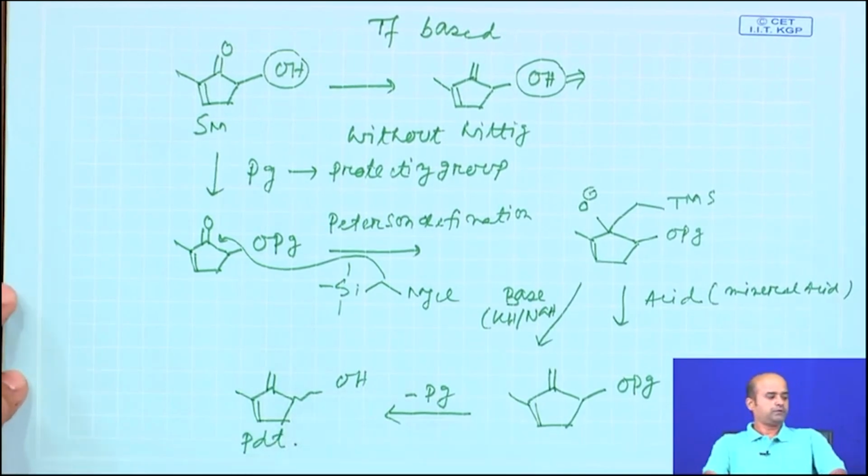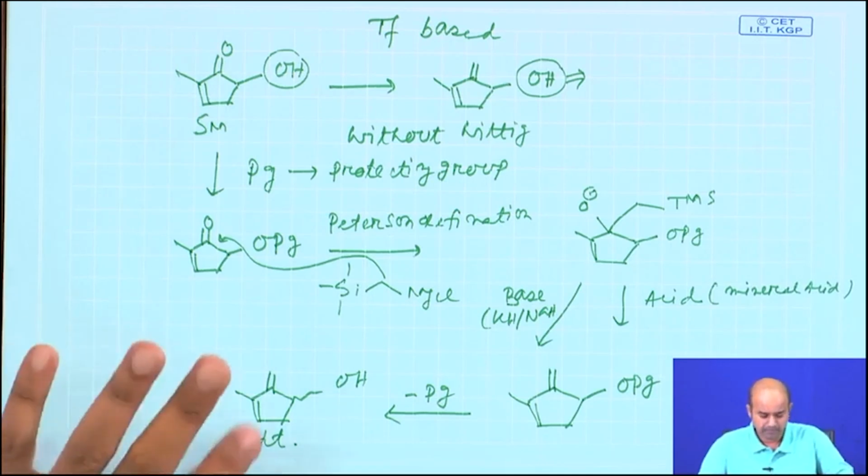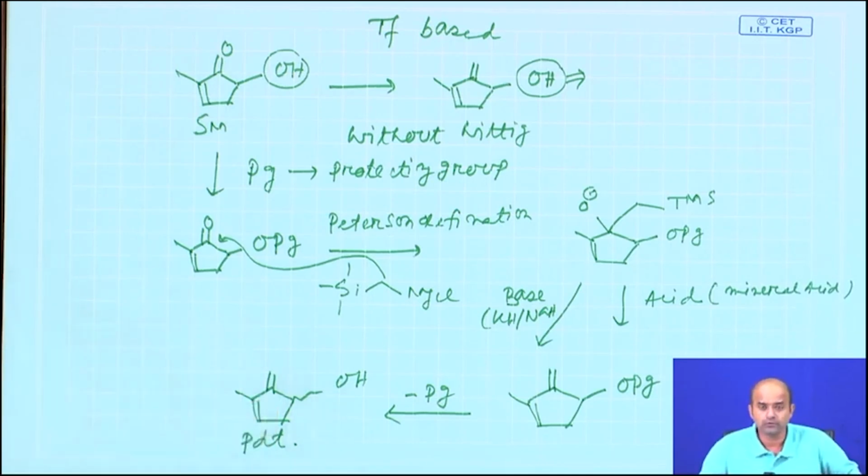So, Peterson olefination is a very important reaction which will give you the olefin without using the Wittig reaction. You are basically making a new carbon carbon bond by using a Peterson olefination. This is a purely transformation based approach, and try to focus on it wherever you find a similar kind of target molecule, where you need to make a carbon carbon pi bond. Then you can use Peterson olefination as a suitable replacement of Wittig reaction.